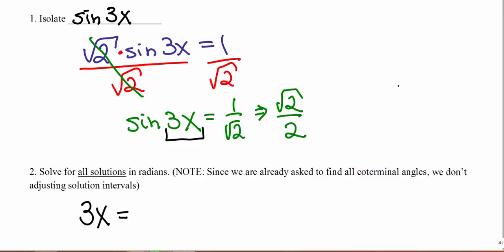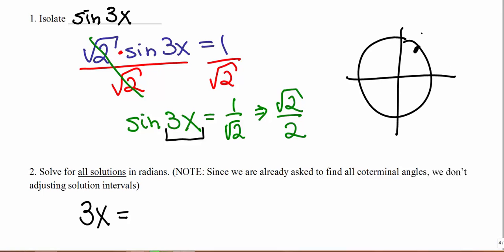Well, that's our 45-degree angle family. Since we're working in radians, that's the pi over 4 family. And that's a positive value for sine, so pi over 4 in quadrant 1. And remember that we're looking for all possible solutions. So for all possible coterminal solutions, we would add 2 pi n, however we want to write that.